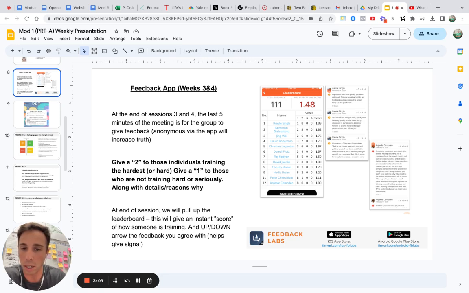But also you're starting to see, based on the reflection in the following week, how people reacted to maybe receiving some 1s from individuals. And the idea behind this being anonymous is that it creates some levels of psychological safety. And in this training environment where everyone is working on getting better, it allows everyone in the group to be able to share their point of view and put their truth out there.